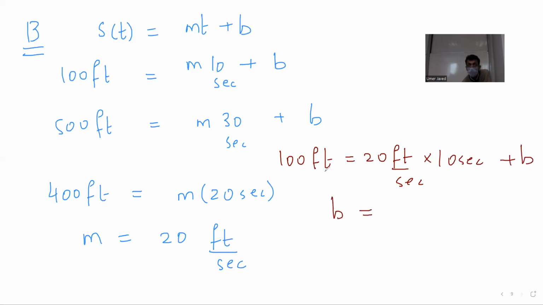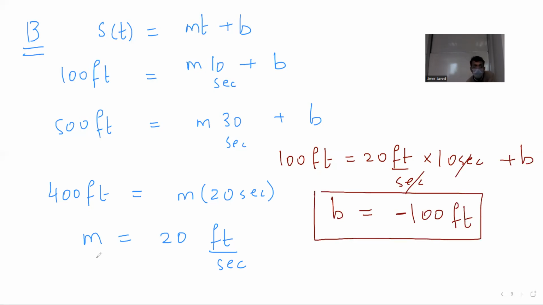Okay, b comes out to be minus 100, and units, feet. Seconds cancel out, feet don't. Sorry, the seconds go out. That's why I was wondering what was happening. So what is your S subscript B? It is 20 t minus 100.